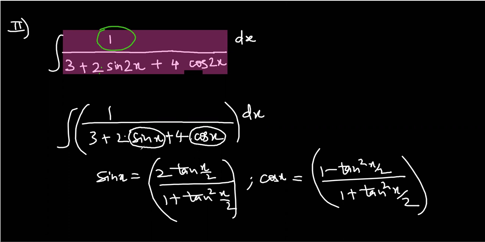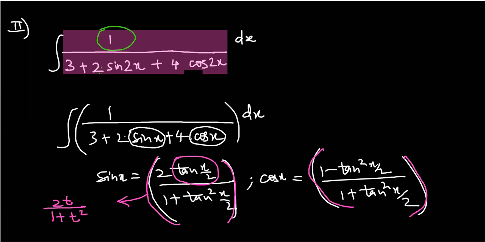Since you see sin x as this and cos x as this, that is the reason you put tan x by 2 as t. So this thing becomes 2t upon 1 plus t square in the new integral, and this thing becomes 1 minus t square upon 1 plus t square in the new integral. But what do we have here?